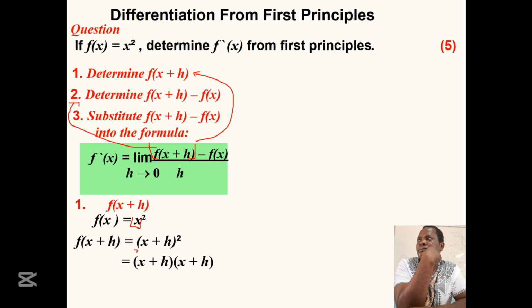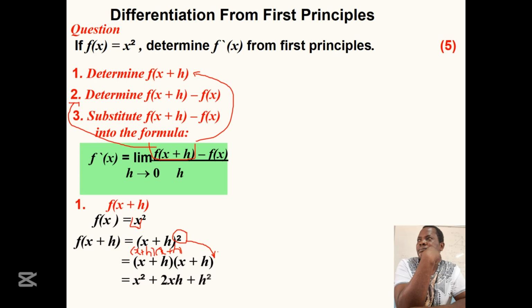So in between here, you can have x plus h and then factor of x plus h. And after that, you go ahead and remove the brackets by the FOIL method. We are repeating x plus h, factor of x plus h, because that is the meaning of these two here. It means we are going to expand those brackets using the FOIL method.